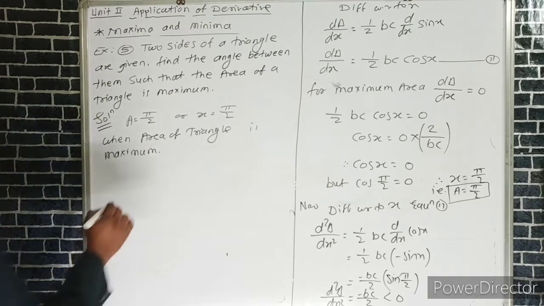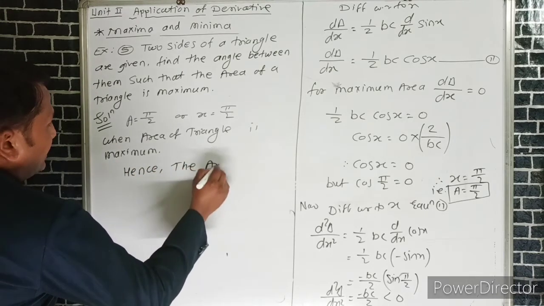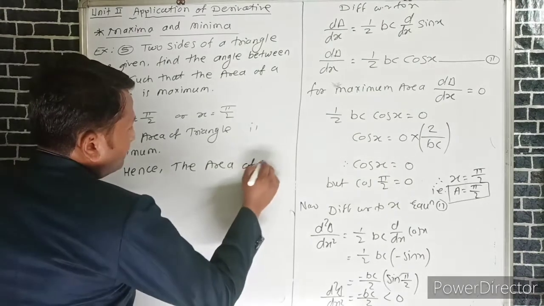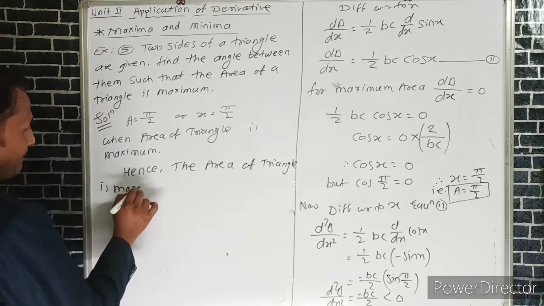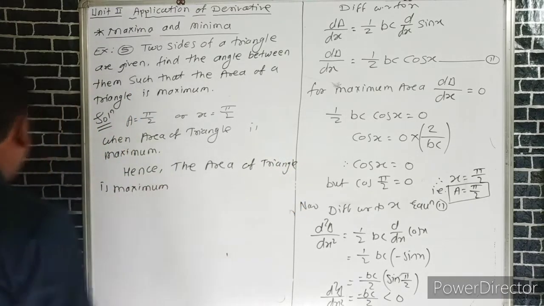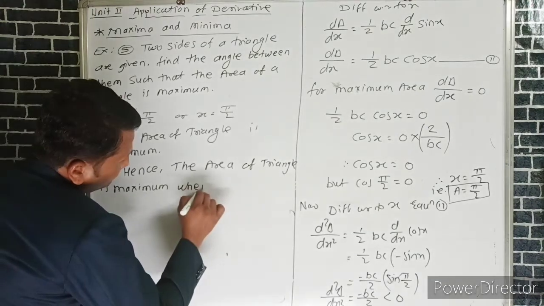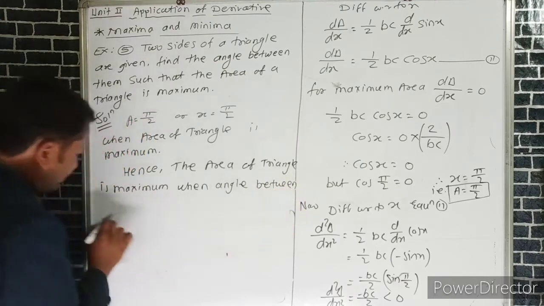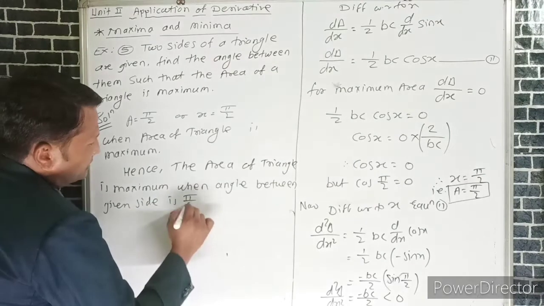Hence the area of a triangle is maximum when the angle between the given sides is pi by 2.